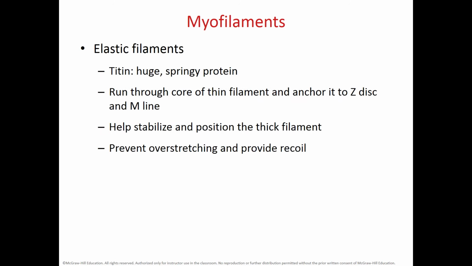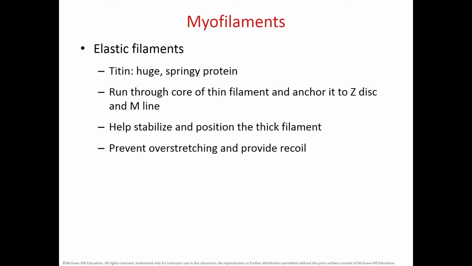Now, in the microscopic structure of the myofilaments, we also have these elastic filaments, which are made out of a protein that is known as titin. Titin is a springy protein that runs through the core of the thick filament.